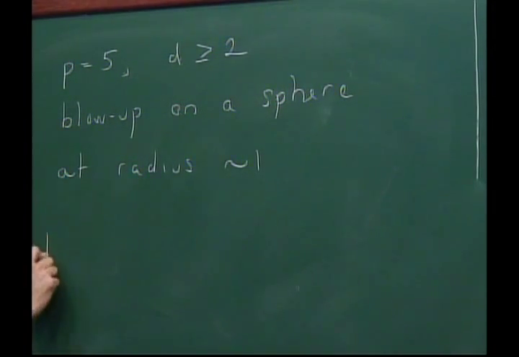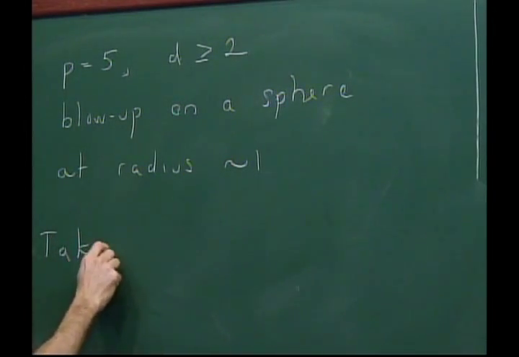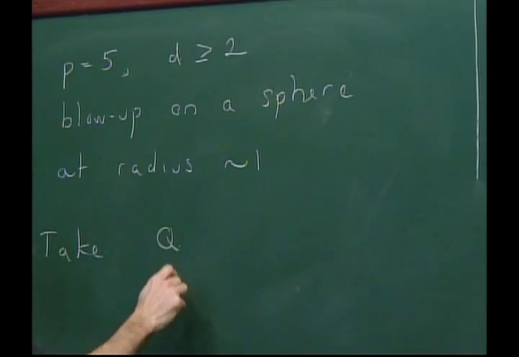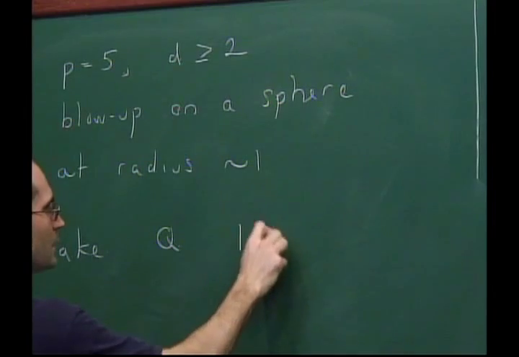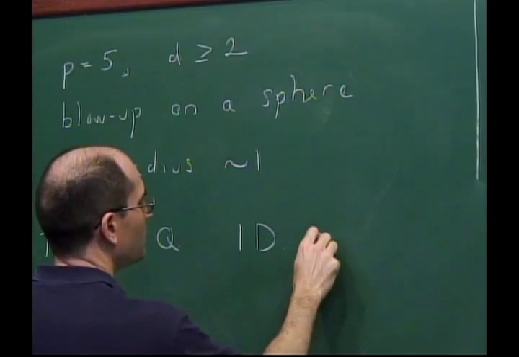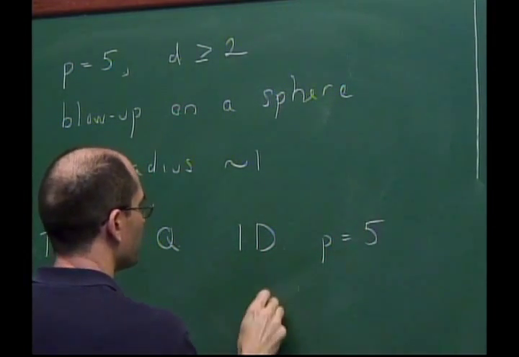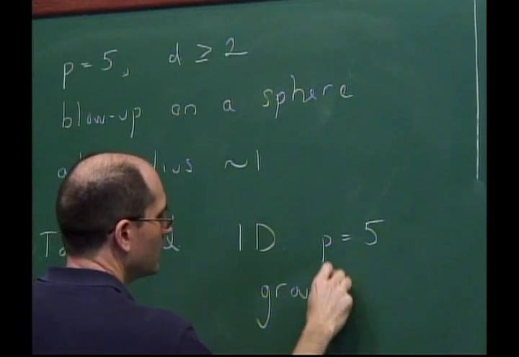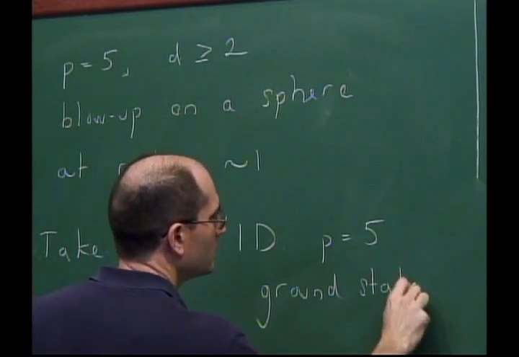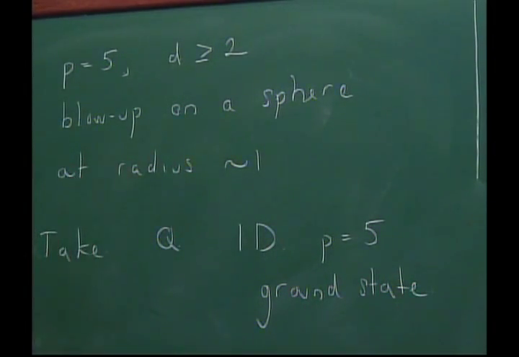You take Q to be the 1D p equals 5 ground state, which incidentally is the hyperbolic secant to the power of half up to a constant. It's explicit in 1D.